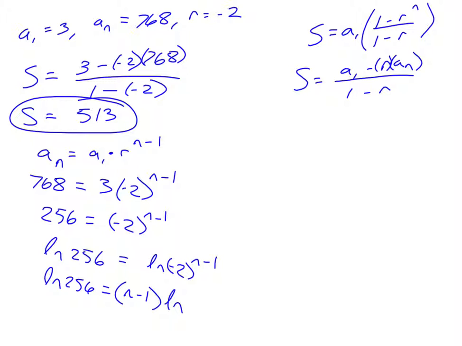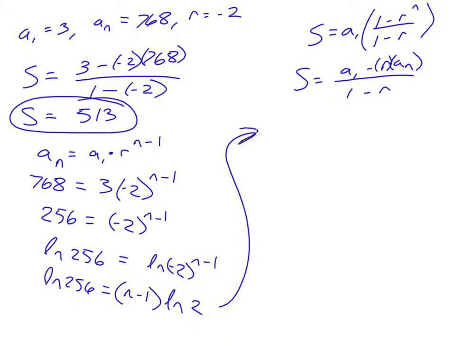Now what's wrong with the natural log of -2? It can't be negative. So when you're doing this type of problem, if that number is negative, go ahead and make it positive, because the fact that it's negative has no influence on finding n. All right, what do we want to do next? Divide by the natural log of 2.